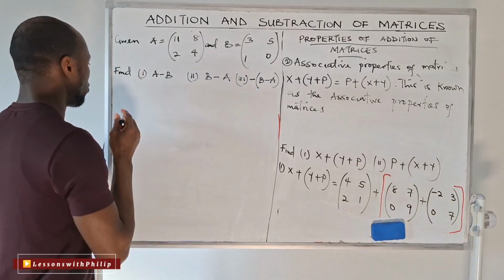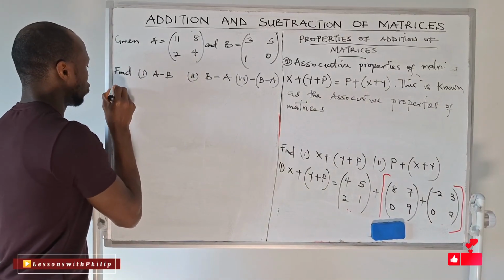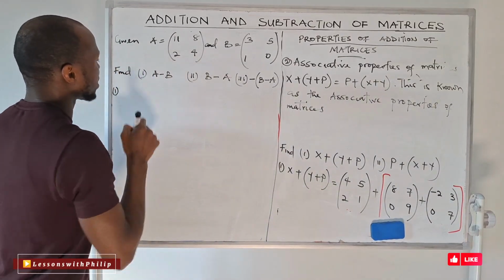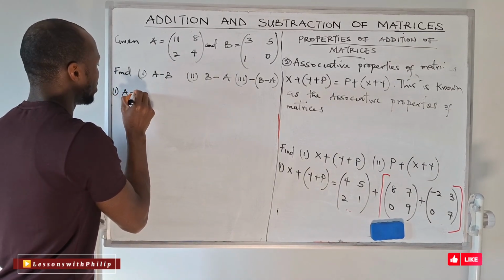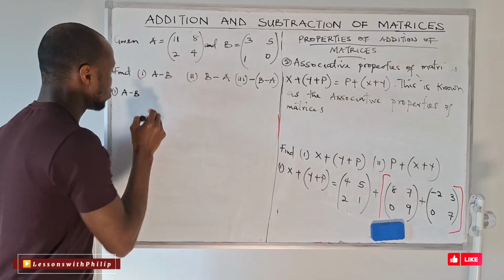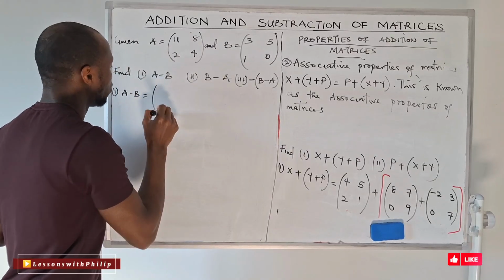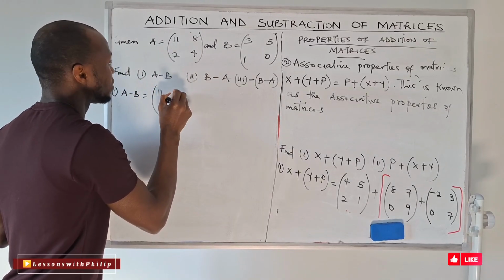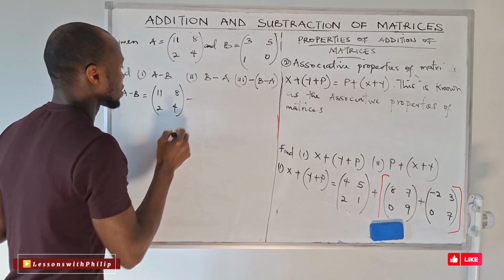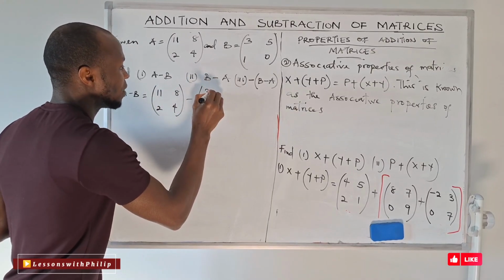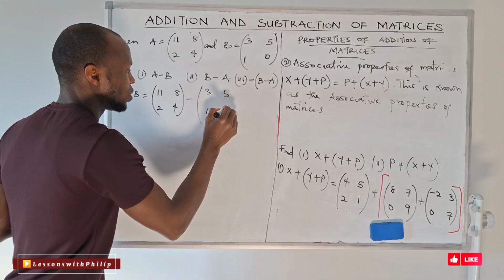All right? Let's go. Roman figure 1. Question 1. We have to find matrix A minus B. Matrix A minus matrix B will now be equal to, what is my matrix A? 11, 8, 2, and 4. Minus my matrix B, which is 3, 5, 1, 0.